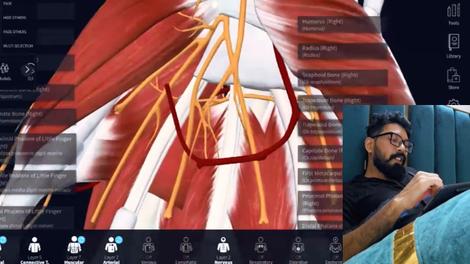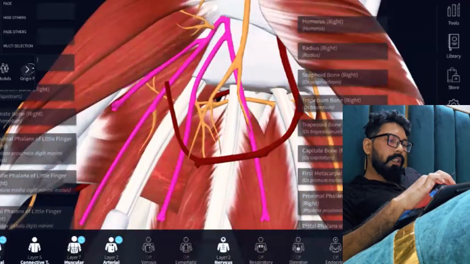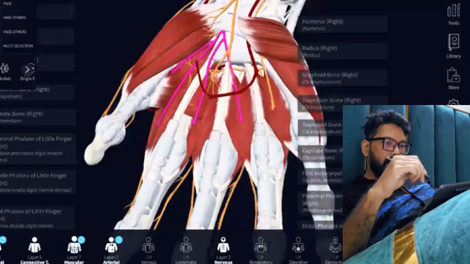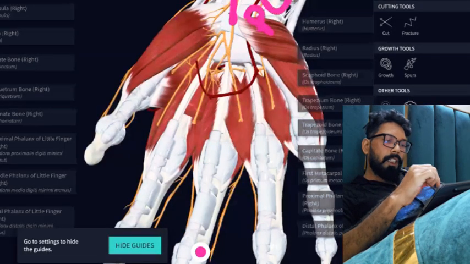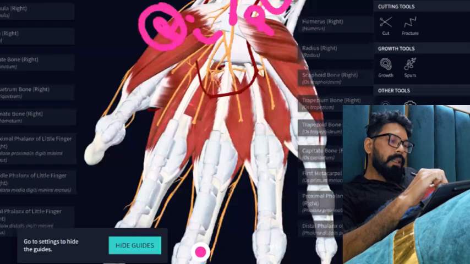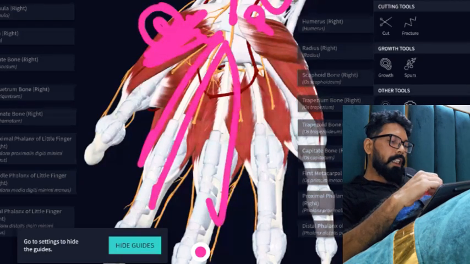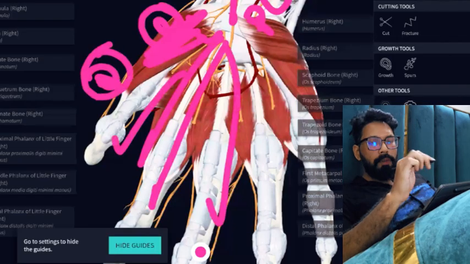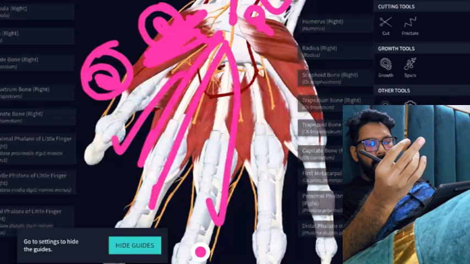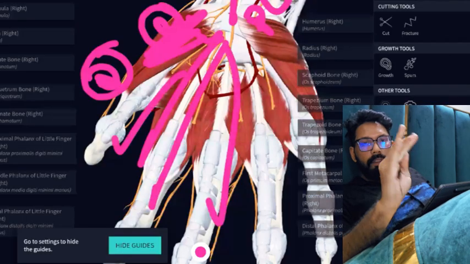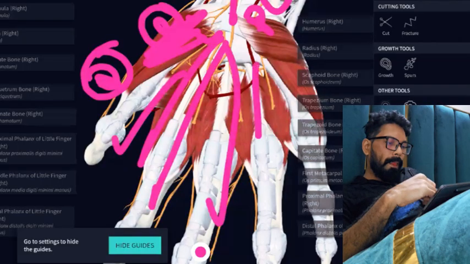Anyway, so then we have the digital branch. So we are having three branches. Number one, the palmar cutaneous branch; the recurrent branch that is supplying the muscles; and then the digital branch that is supplying the digits: thumb, index, middle finger, and half of your ring finger, up to this area.